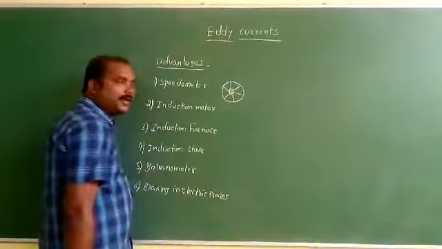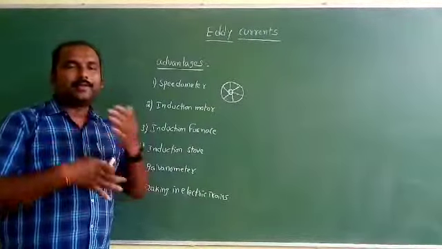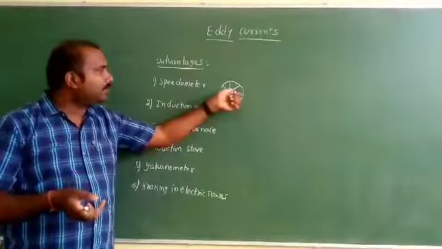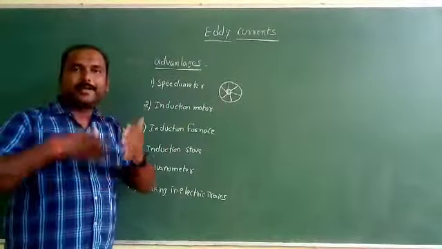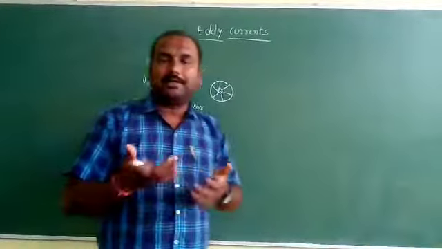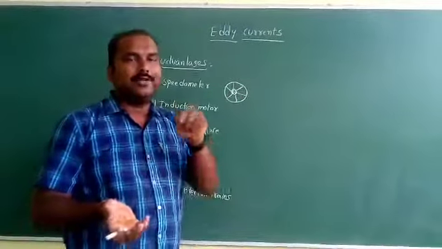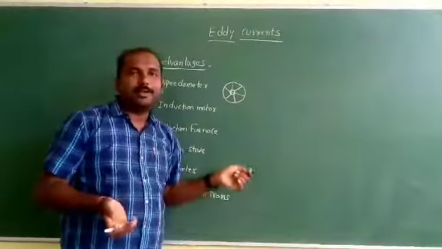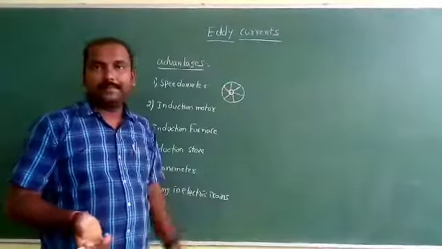One magnet is attached there, and that magnet is continuously rotating according to the speed of the vehicle, and the aluminum drum is attached nearby. Because of that, the flux is changing, and because of the changing magnetic flux, eddy currents are produced. By using the eddy currents, we can know the speed of the vehicle.